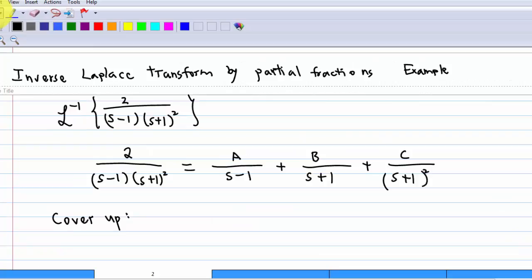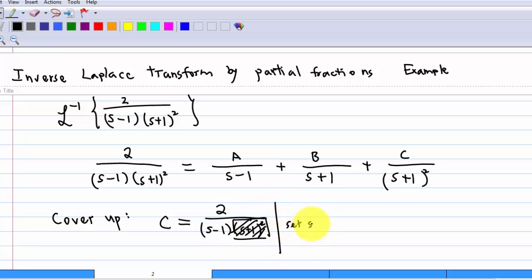Next, we can also use the cover-up method to find the value of C. C is above (s plus 1) squared. So we copy the left hand side, 2 over (s minus 1)(s plus 1) squared, and then we cover up (s plus 1) squared, and we set s plus 1 equal to 0, which means s equal to minus 1.